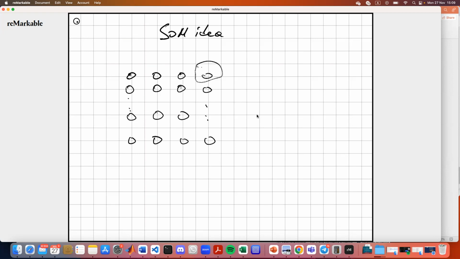This one is a neuron. And all neurons will have two types of connections. They will have so-called lateral connections, so they will be interconnected with each other.